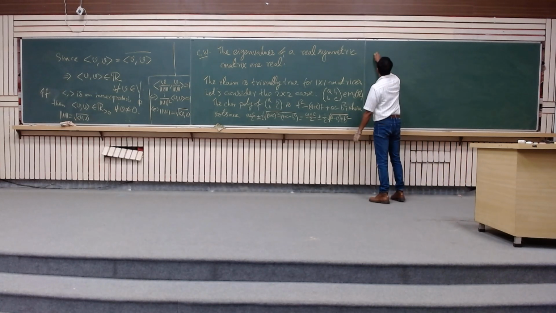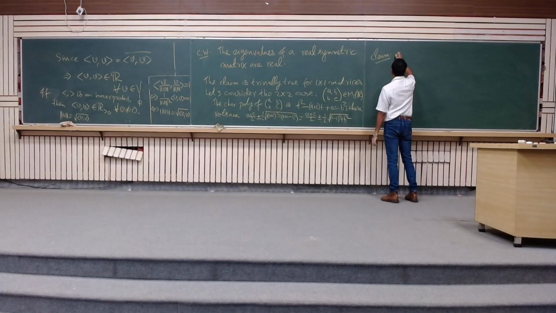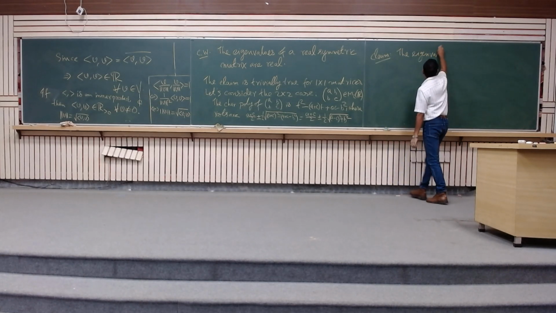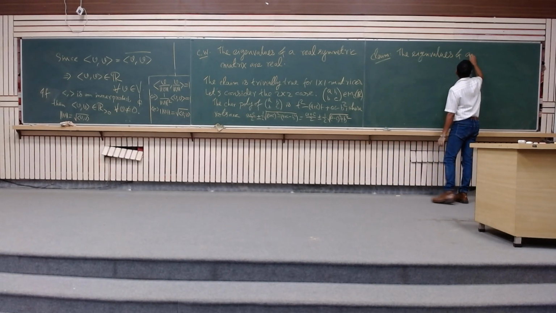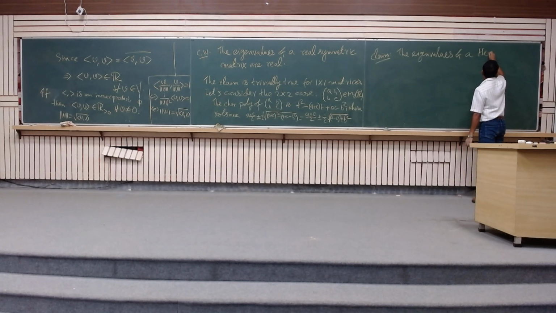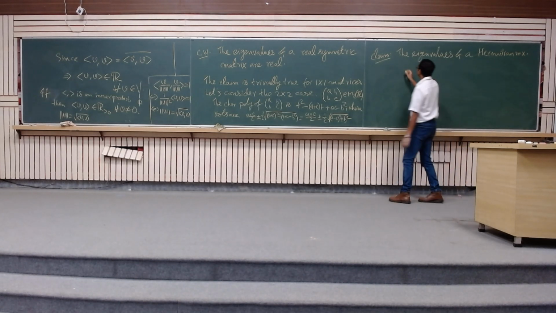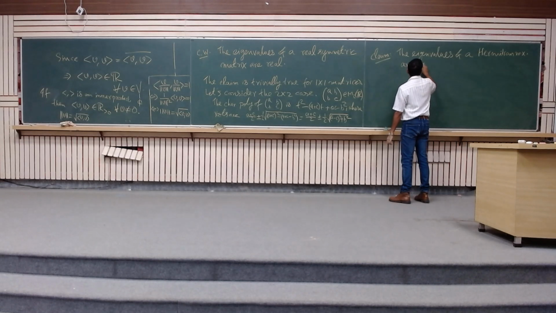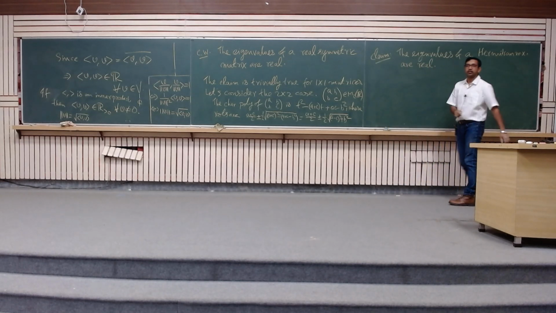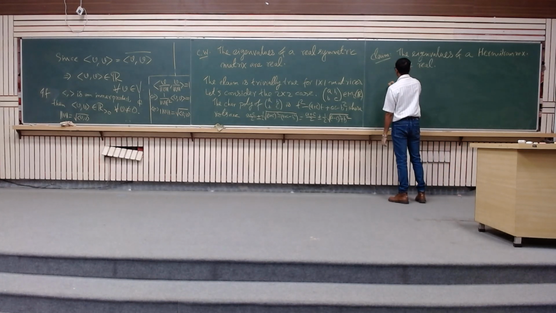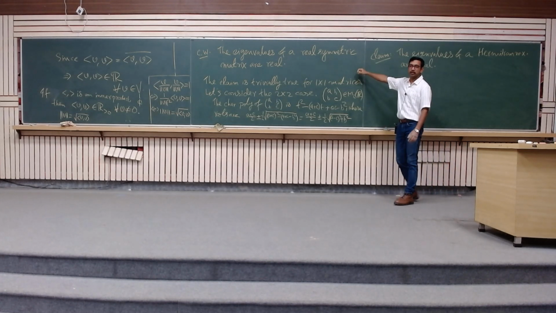The claim is that the eigenvalues of a Hermitian matrix are real. And if we prove this, in particular the earlier claim follows, right.